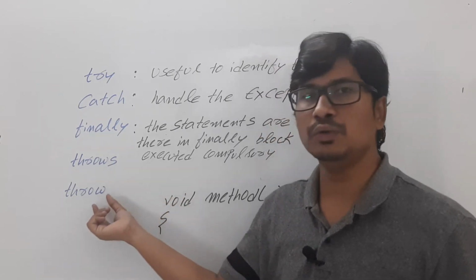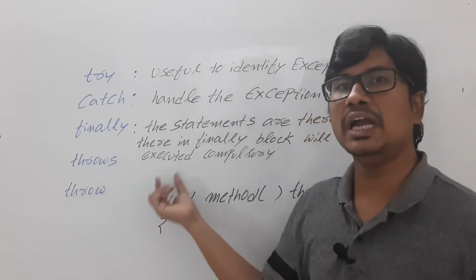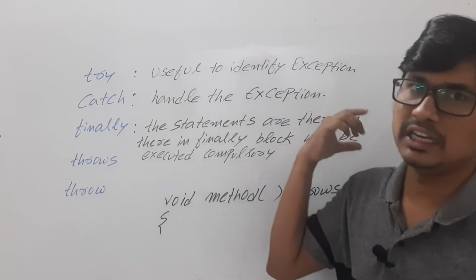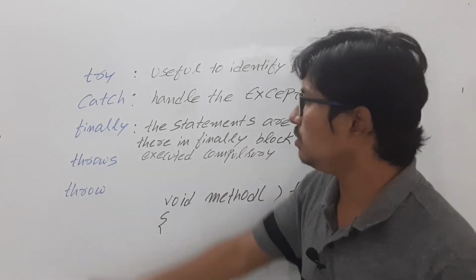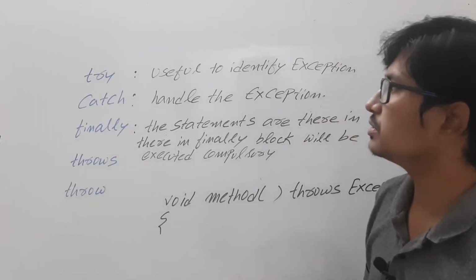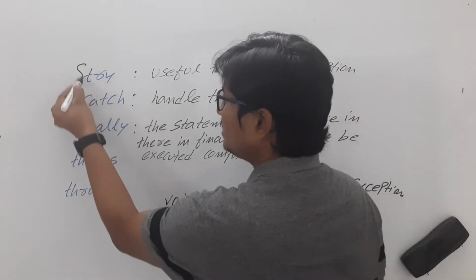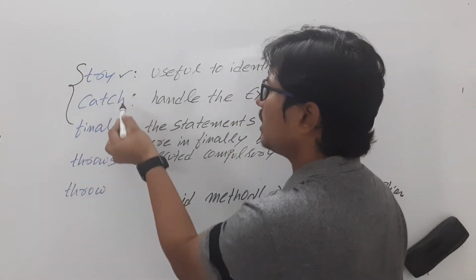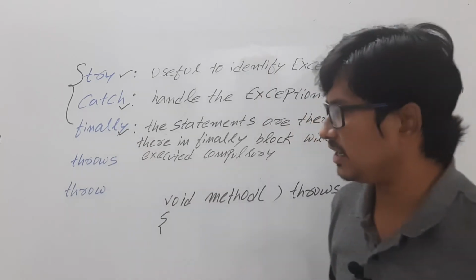So what the throw keyword will do is manually create an object for that user defined exception and throw it. So these are the 5 keywords we will use. Unchecked exceptions or runtime exceptions, we handle with the help of try, catch and finally.